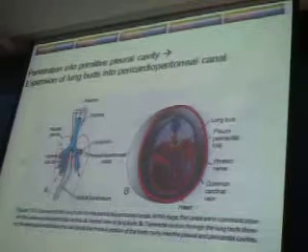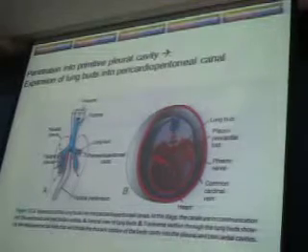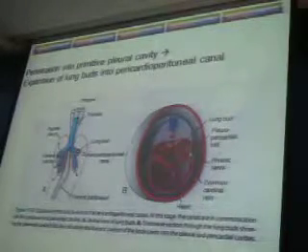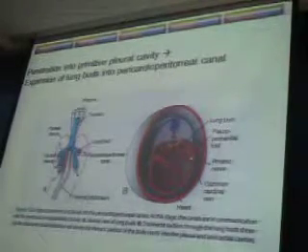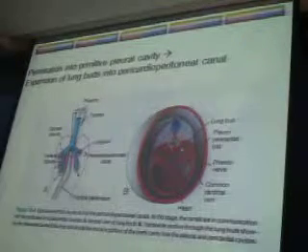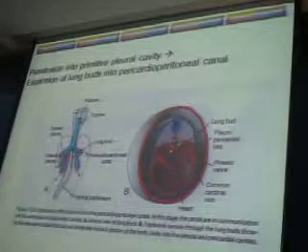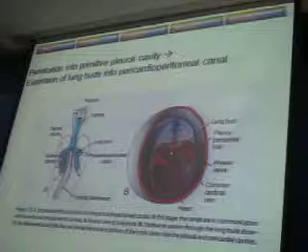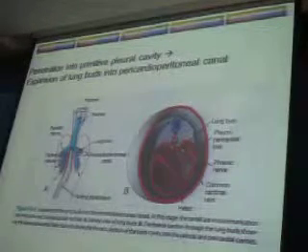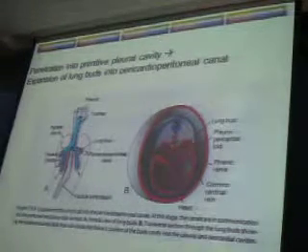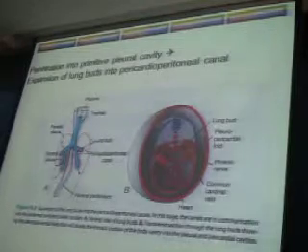If you make a cross-section here, please just remember this term, pleuropericardial fold. Your lung buds are here as they penetrate the pericardioperitoneal canals. Okay? Clear so far?